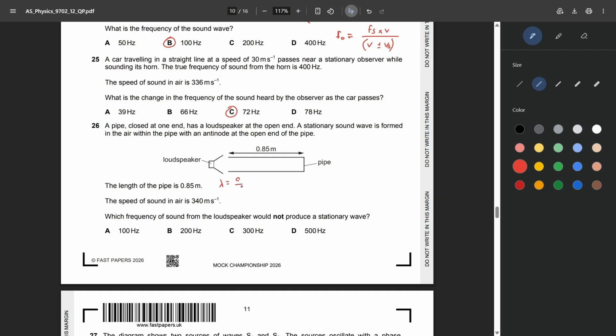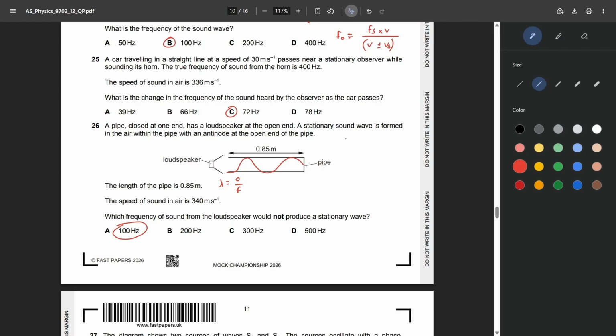Lambda is C by F, the wavelength. So for option A, actually, let's not look at it that way. The length of this pipe is 0.85 meters. Let's find the wavelength of the wave at A, 100 hertz. Our purpose is to find out whether it has a quarter of a wavelength or 3/4 of a wavelength or not, right?